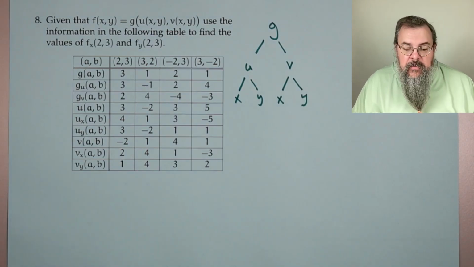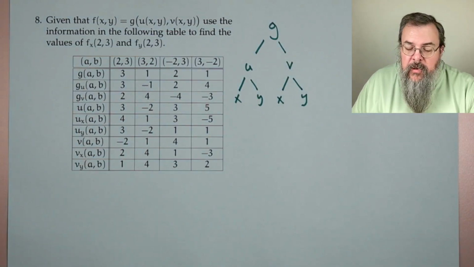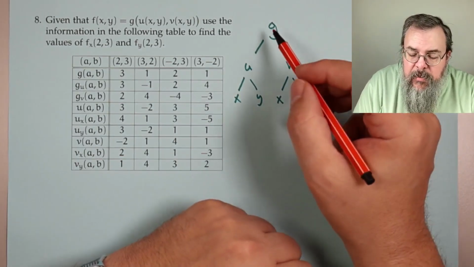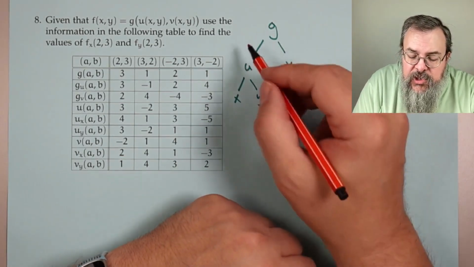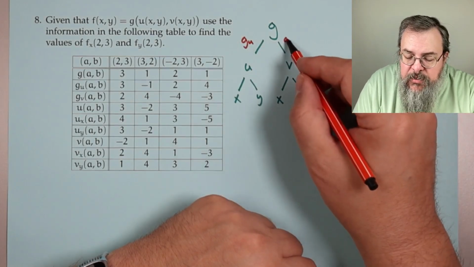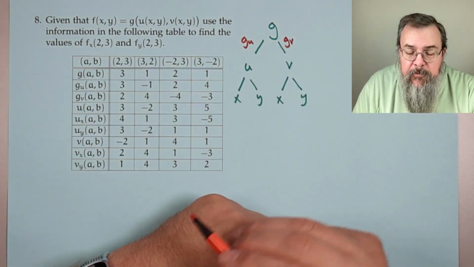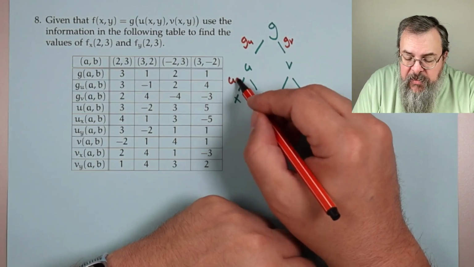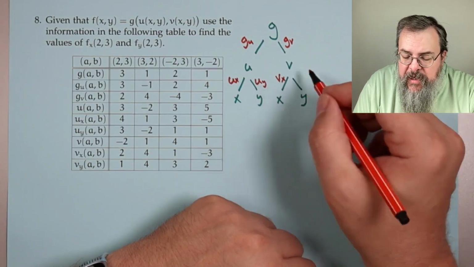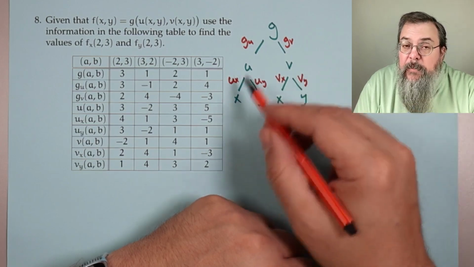Well, so where do we go from here? Well, if I want to understand change, I look at how does G change with respect to U? That's G sub U. How does G change with respect to V? That's G sub V. U with respect to X, U with respect to Y, V with respect to X, V with respect to Y.